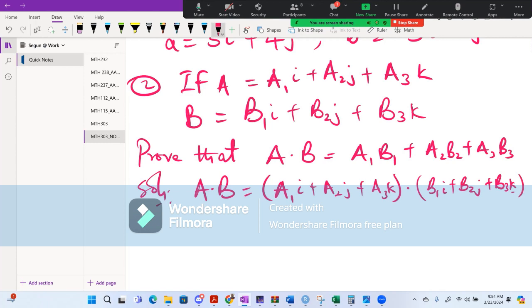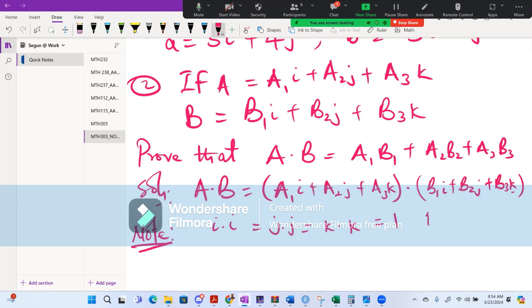Now, there is a particular law. Note this law: I dot I equals J dot J equals K dot K, which equals 1. All other dot products are zeros.